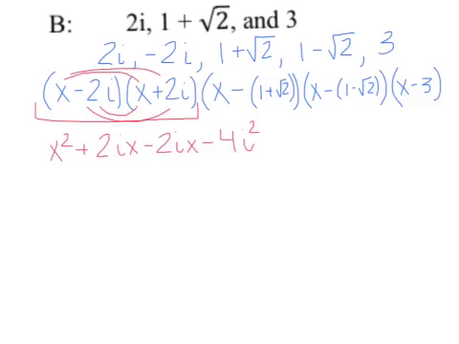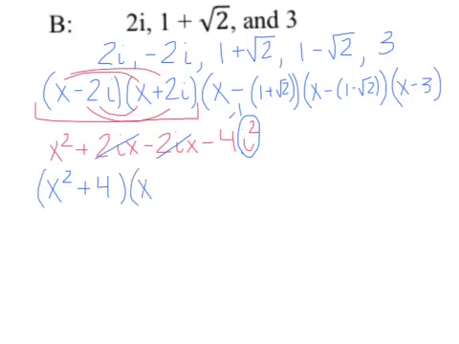So we have an x squared, so we'll just bring that down. We have a plus 2ix minus 2ix, so those cancel each other out. Over here we need to remember that i squared really is just negative 1. So we have a negative 4 times a negative 1, so we get plus 4. Those first two pieces then are gone.